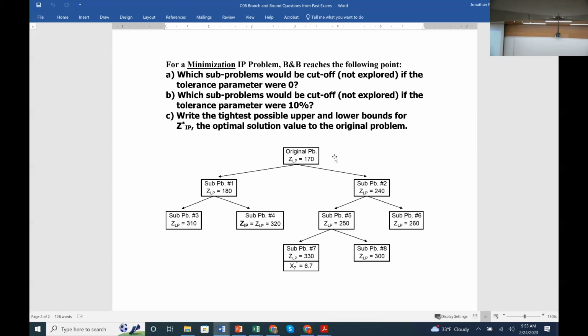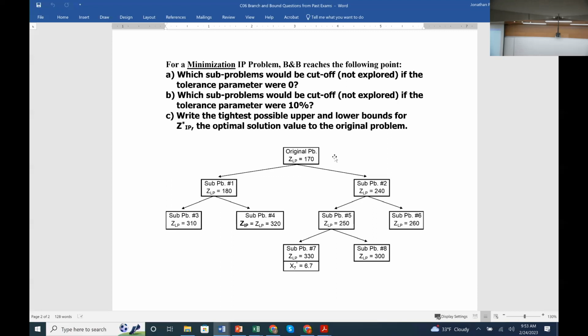What is the tightest possible bounds that we can draw on Z star? Well, Z star cannot be worse than 320, and it cannot be better than 260. So you write 260 less than or equal to Z star IP, less than or equal to 320. So basically, how do you do these? First, figure out whether it's max or min.